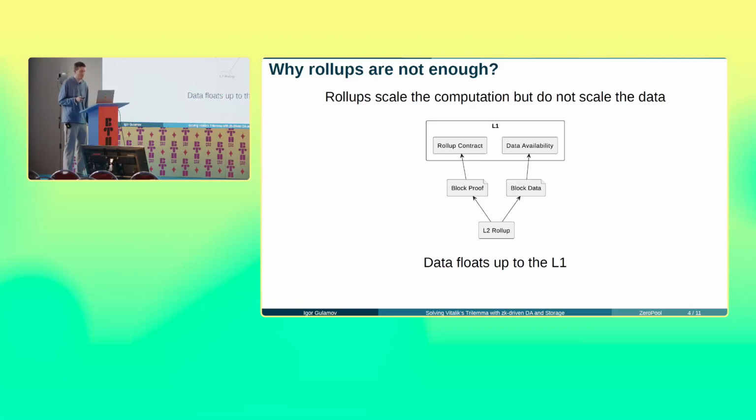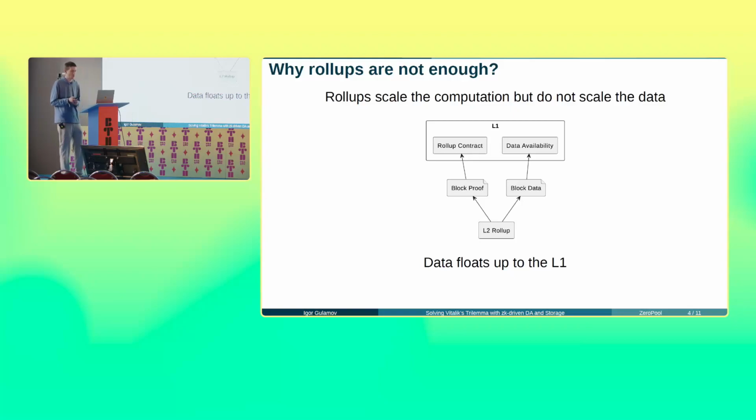That's also why we cannot deploy rollups into rollups and so on, because the data is floating up from L2 to L1. Before Danksharding, it was stored in calldata. Now it is using Danksharding, and it also could be used in other data availability solutions. But anyway, this is a bottleneck.